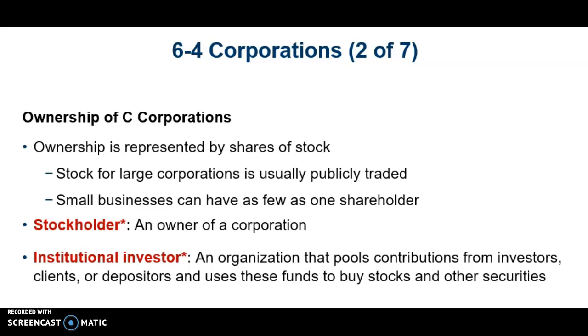But some firms will issue common stock and preferred stock. So the stockholder is the owner, and the owner's amount of ownership is determined by how much stock they have. Now, an institutional investor is an organization that pools together to buy stock of other companies.